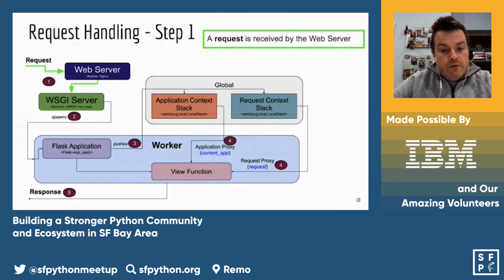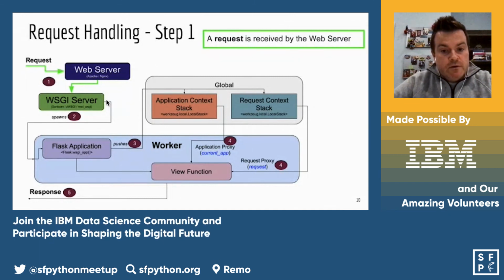So now we're at the point where the WSGI server has the request. And now in step two, a worker is going to be spawned to handle that request. And this worker is going to be our Flask application. So the worker could be a thread, it could be a process, a coroutine.